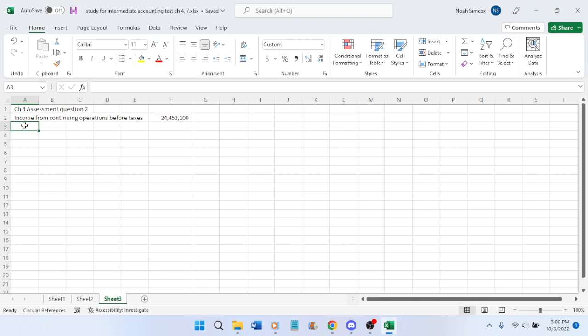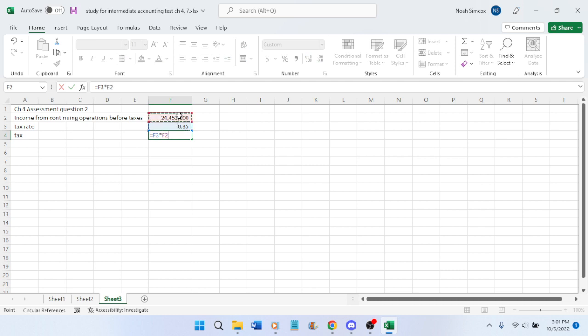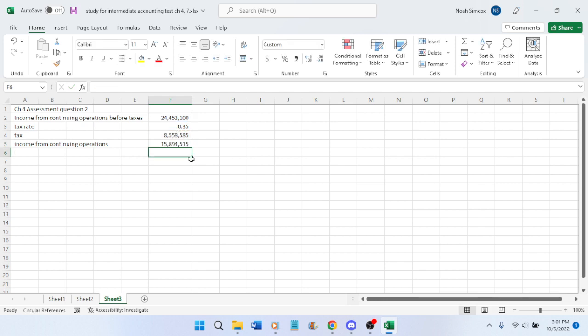Tax rate .35. Tax equals this times this. So income from continuing operations equals this minus this. Save.